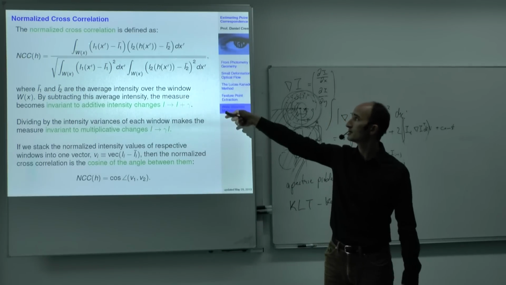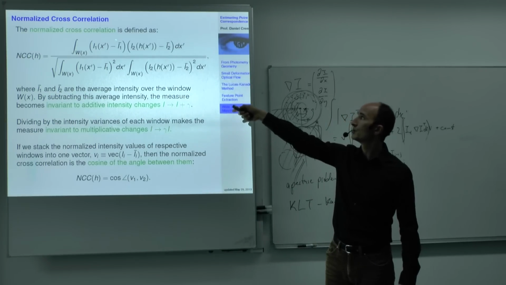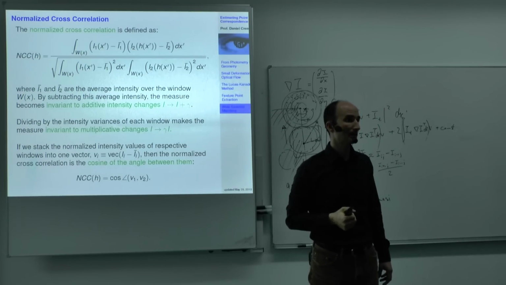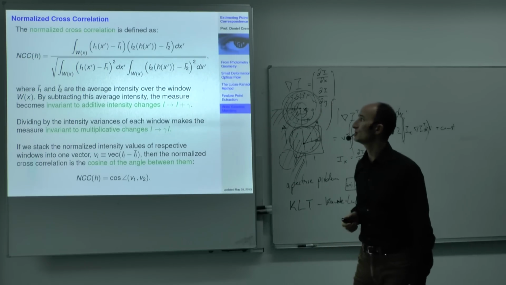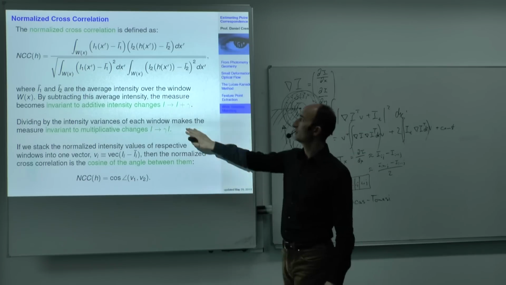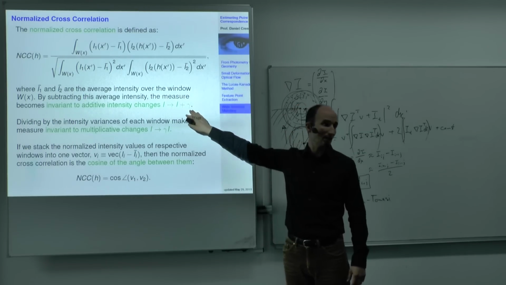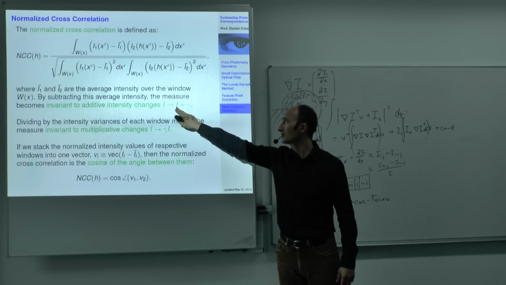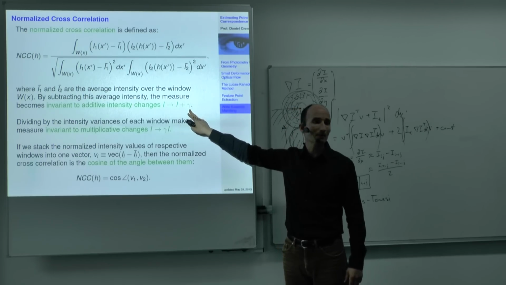And what I do here is, rather than working with the intensity directly, I work with the intensity where I subtracted the mean. What do I gain by doing that? I gain invariance to additive brightness changes. Assume you take the same image and increase the brightness at every pixel by some constant gamma.